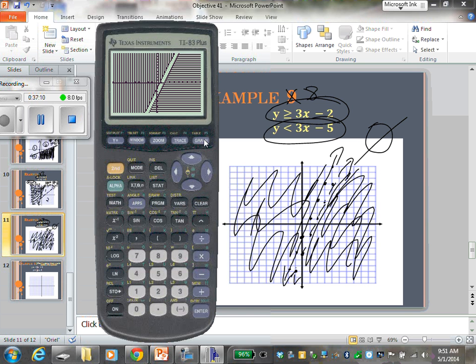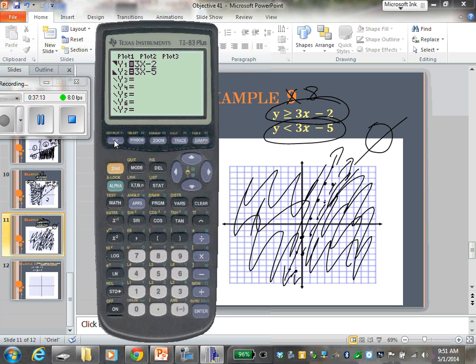What if I had reversed it? What if I had said I want less than, above, below, and I want greater than, enter, that point, where would it shade?